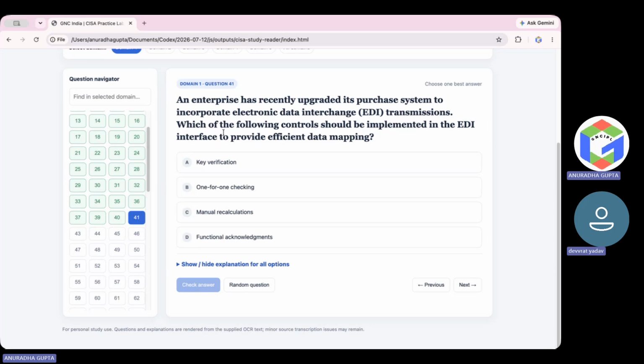For that we basically use digital signature, and you will get a signed document receipt from their end that the particular transaction has been made successfully.